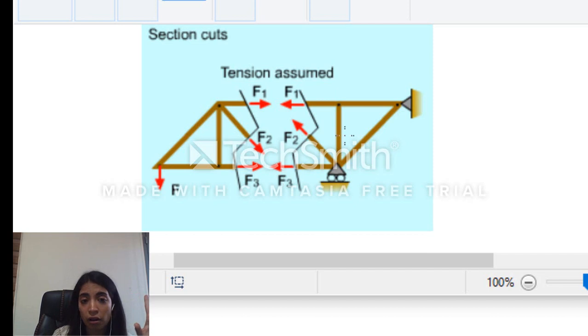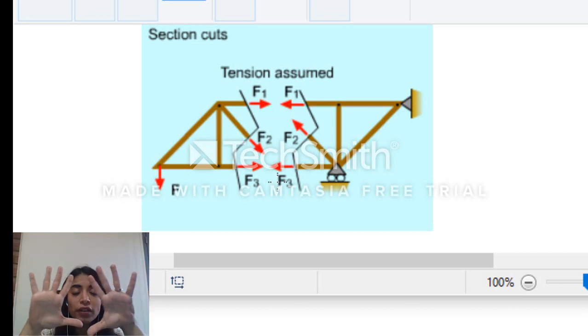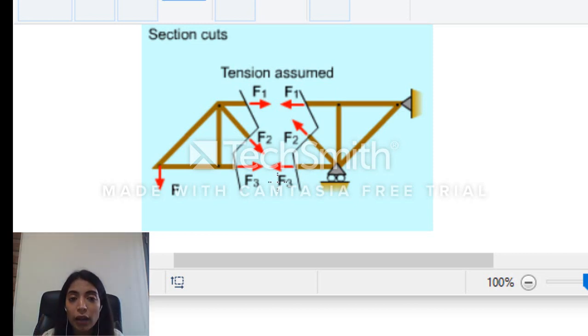But what's important, guys, is to keep in mind that in the other part, the opposite part, the right part, if I take the left, I will have opposite forces. If F1, F2 and F3 are in tension, of course F1, F2 and F3 of the second part will also be in tension, but they are opposite. So, guys, if I join these two parts together again, these internal forces will vanish.